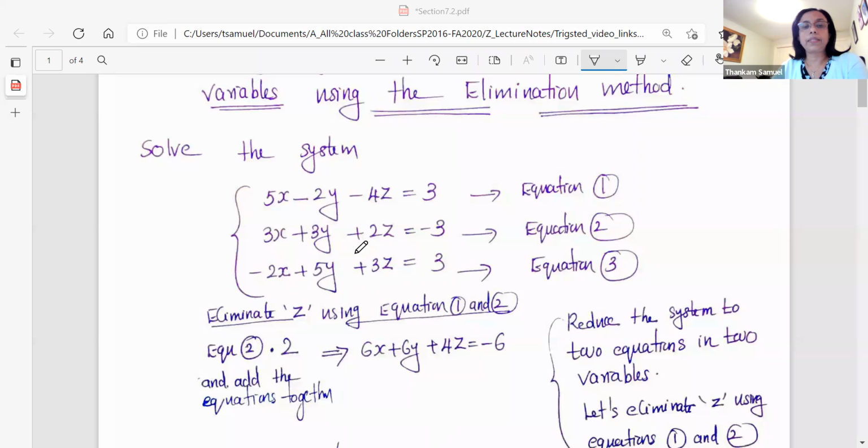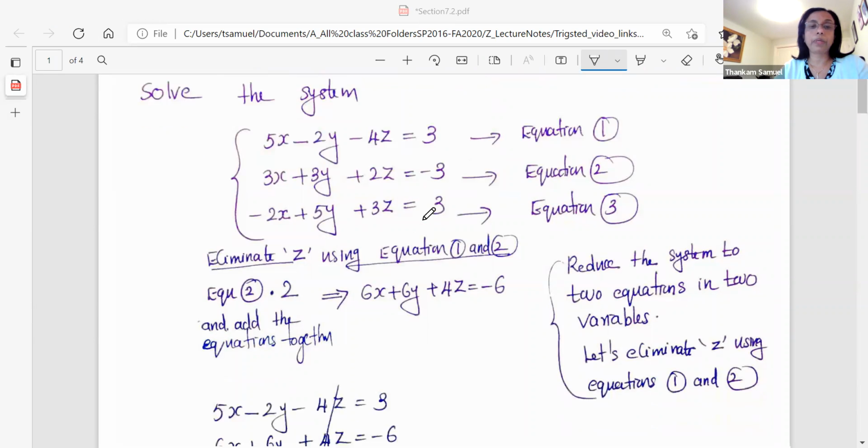So we can see that this system consists of three equations in three variables. And each equation is of the form ax plus by plus cz equals d, and each equation represents a plane.